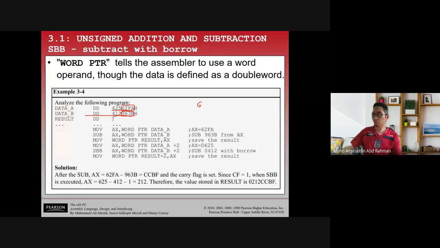We have 62FA minus 963B. So from here, what you look from this number is much bigger compared to this one, right?